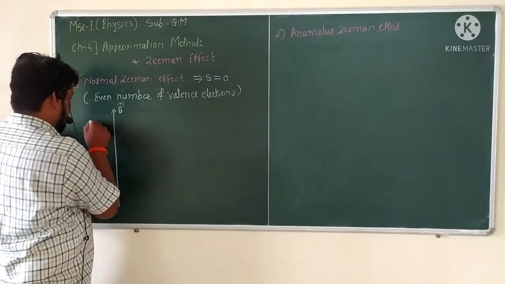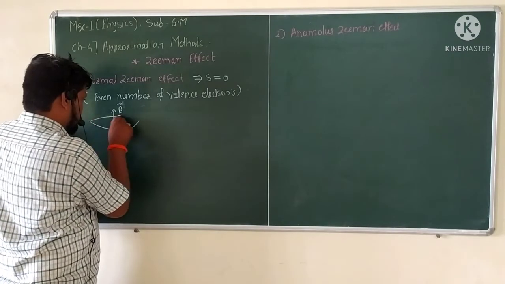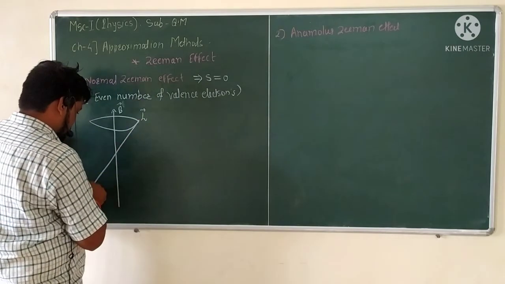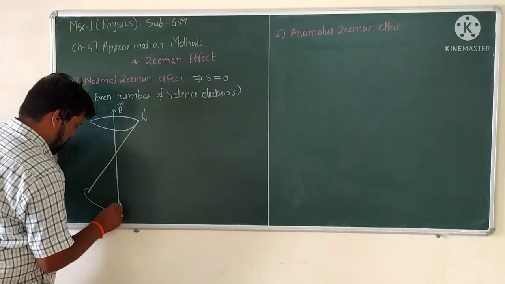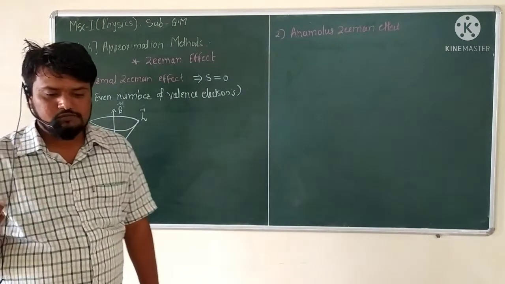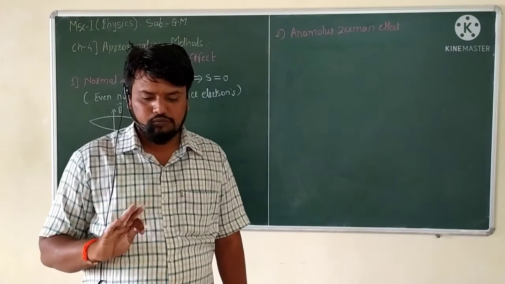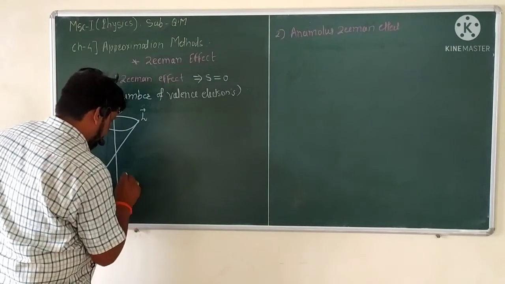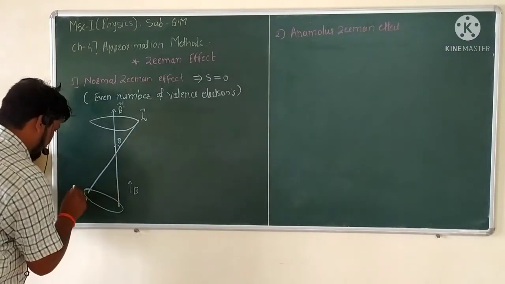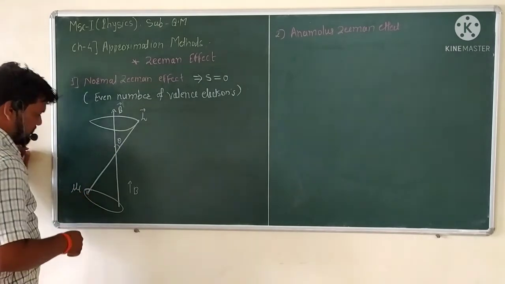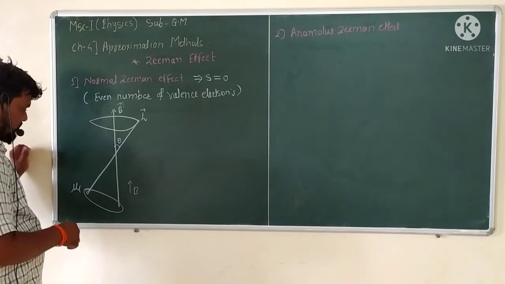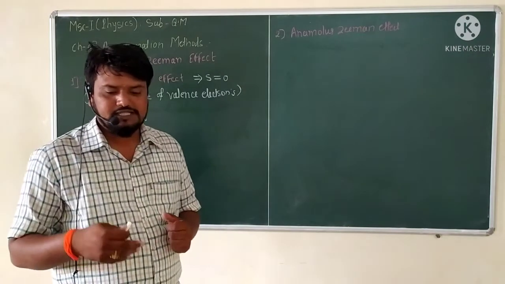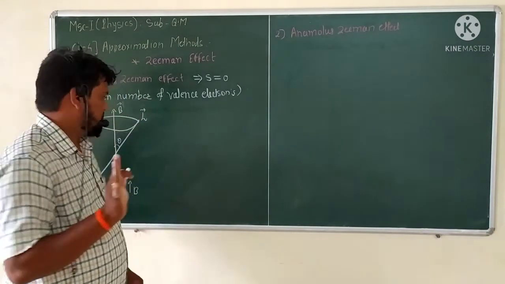For the orbital quantum number L, we see the precession of this angular momentum, and the interaction is mu L into B. This is the angle theta, and the interaction in the Zeeman effect is between mu L and B.